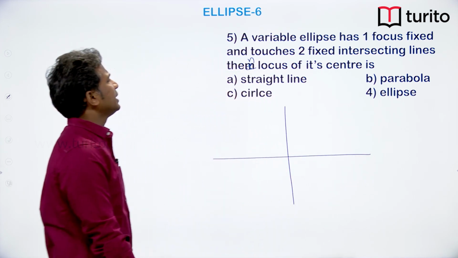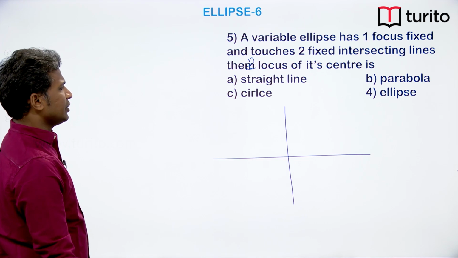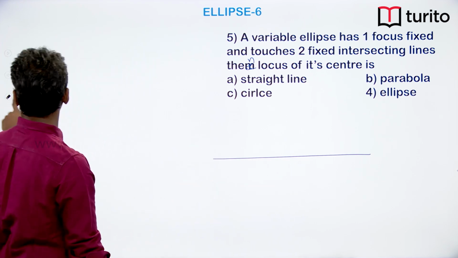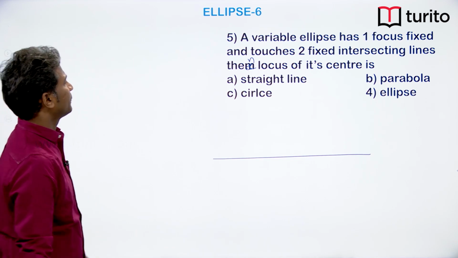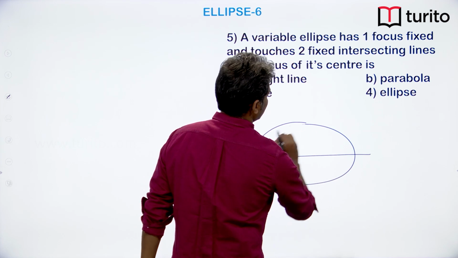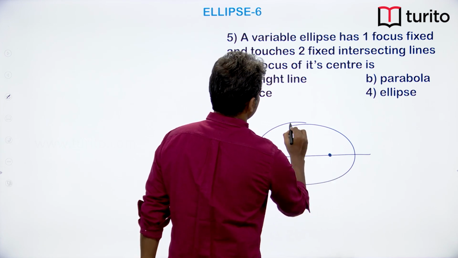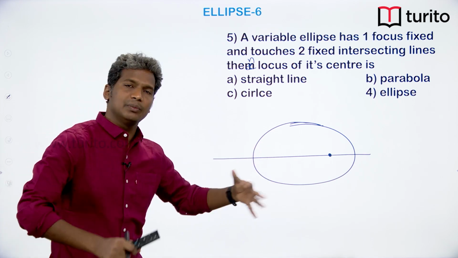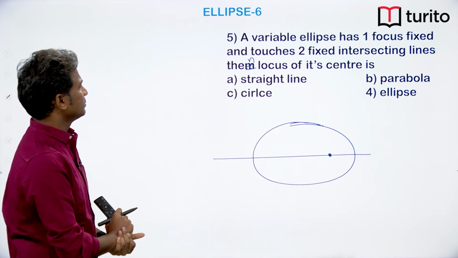One focus is already fixed, it's given. We don't know that fixed focus, so let us just take one ellipse here with one focus fixed. We don't know that focus, but we can take one fixed point depending on our convenience.